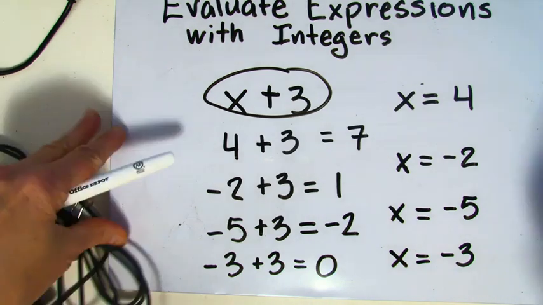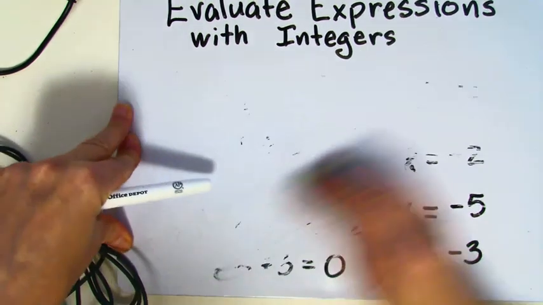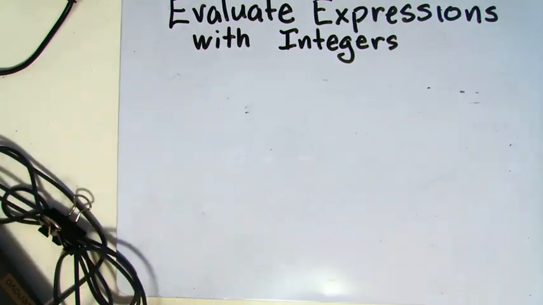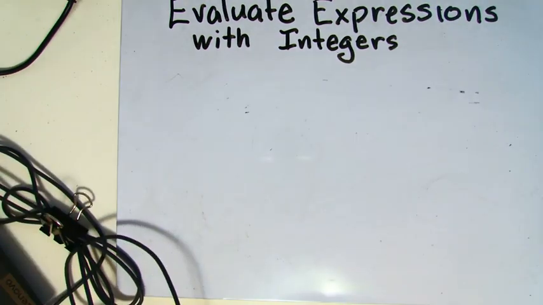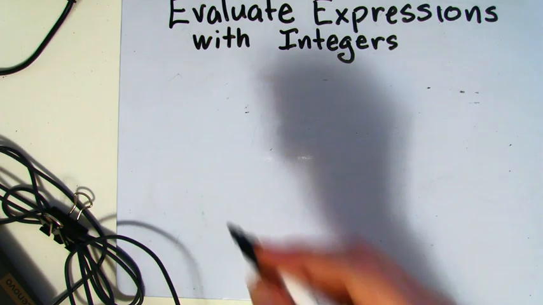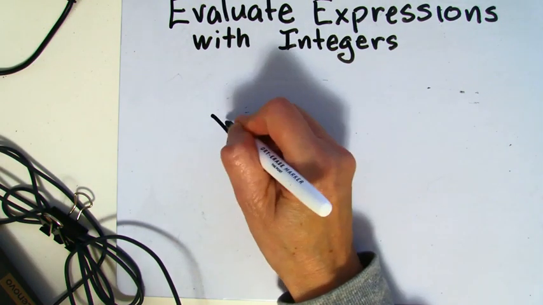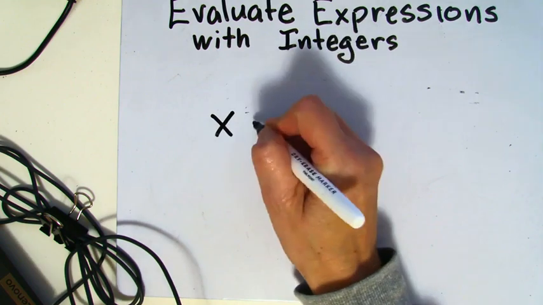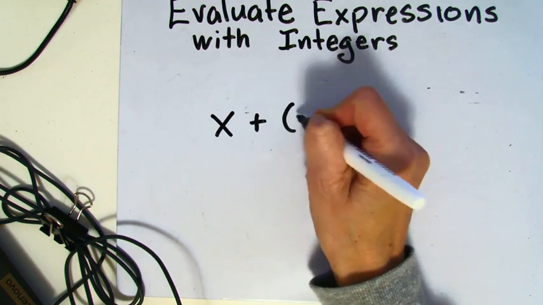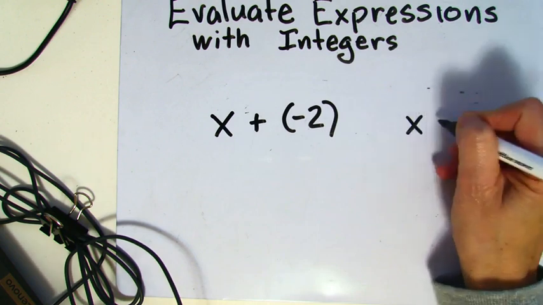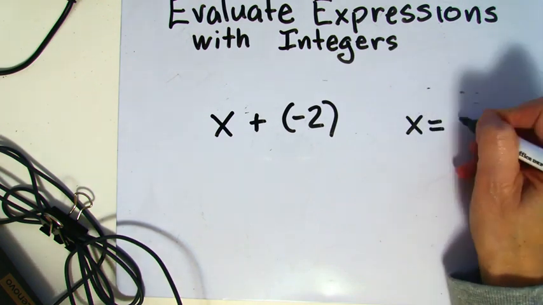Let's look at another example. Let's say that x plus a negative 2, and x is going to be a positive 4.